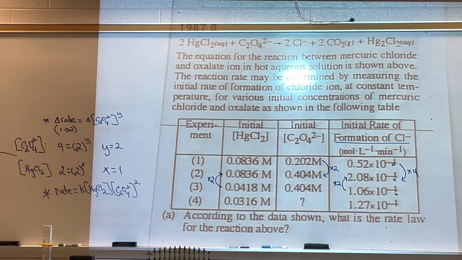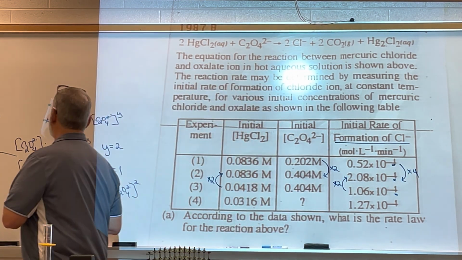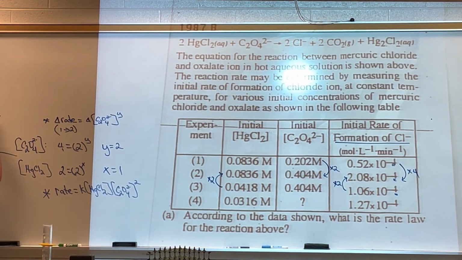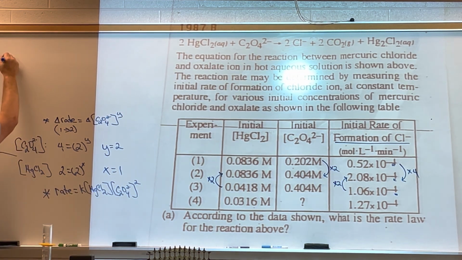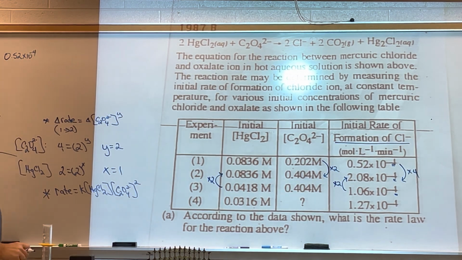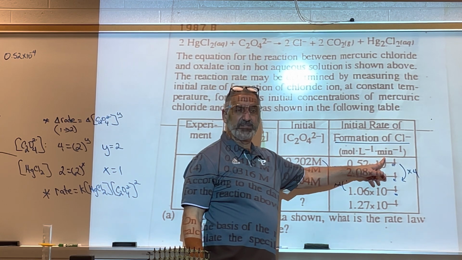B says, on the basis of the rate law, calculate the specific rate constant. Specific rate constant. So what do I do with this? Solve for K. So, rate, again, pick any one. I'm going to pick one. The rate is 0.52 times 10 to the minus fourth, and the units are moles per liter per minute this time, not hours.